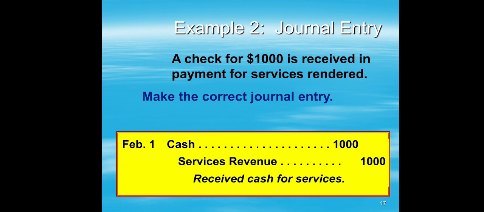And then the second effect is, as I have told you, revenue increases 1,000. So you check the rule of debit and credit. When revenue increases, you have to credit. So in the journal, you show credit service revenue 1,000. The explanation for the journal entry is received cash for services.